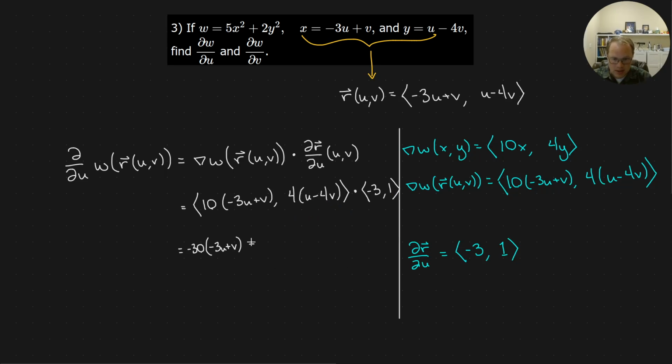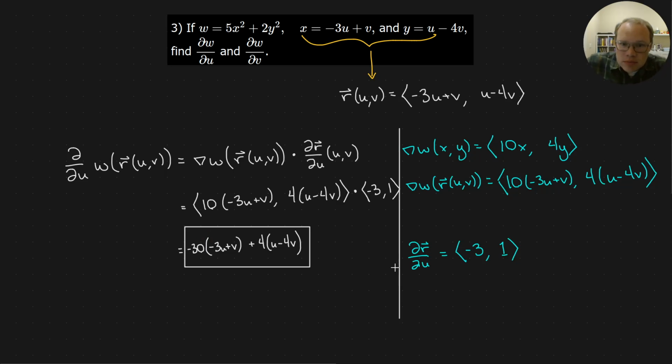So plus 4u minus 4v. Okay? And that is the answer. We can simplify further, but I'm going to leave it there. Okay? If you wanted to, you can distribute and then combine your like terms. All right. So we found one of the partial derivatives.